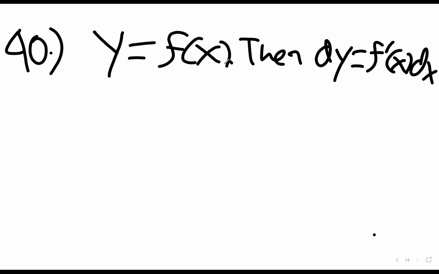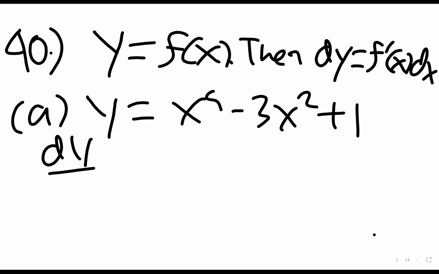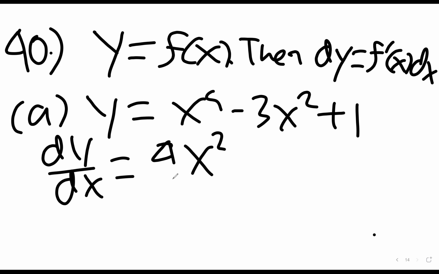Just simply f prime x dx. So for example, if I consider 40a, y equals x to the power of 4 minus 3x squared plus 1. Then dy dx, or y prime, the derivative, equals 4x cubed minus 6x.